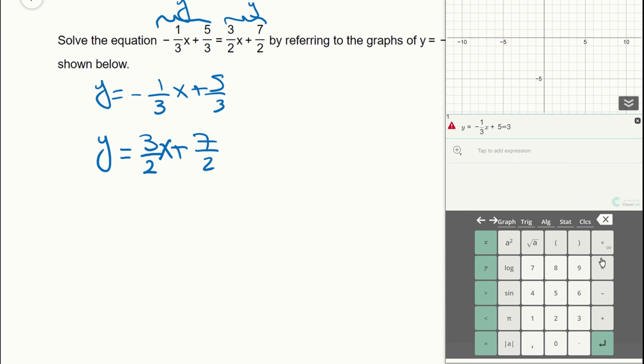Let's see, I put infinity. Let's backspace a little bit, and there. So negative 1/3 x, I'm just always going to double check, right? Negative 1/3 x plus 5/3, right? So that's good. And then now we're going to type in the other equation, y equals 3/2.